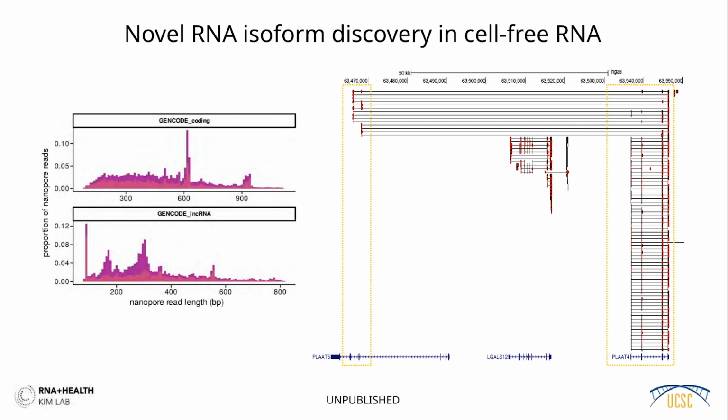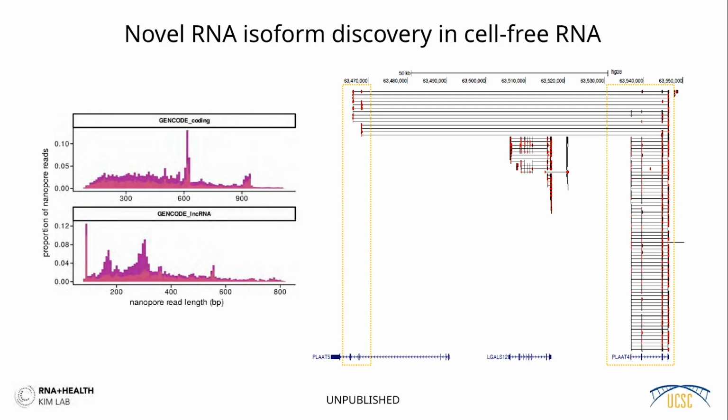But what's really quite interesting, and which again is only enabled by this long read technology, is when we look at these patients, we also see these novel RNA isoforms that are not in the annotation of the transcriptome of the human genome. And so here what we're seeing is that there are these RNAs that are being transcribed more than 50 kilobases upstream of the known transcription start site of this protein coding gene. And so you can see that there are exonic sequences, again, more than 50 kb upstream of the transcription start site here.